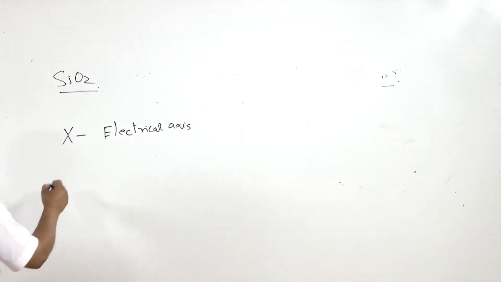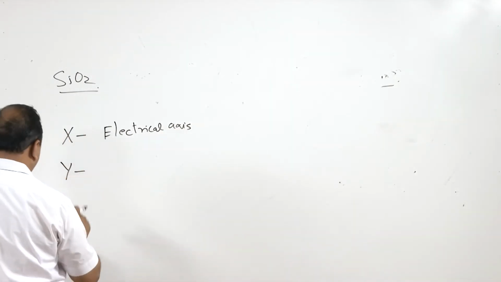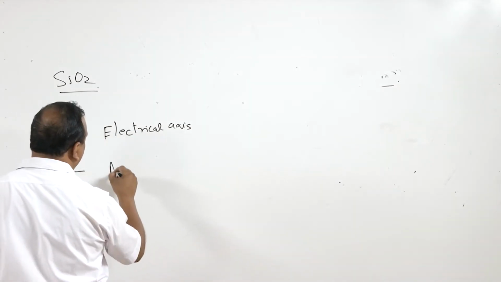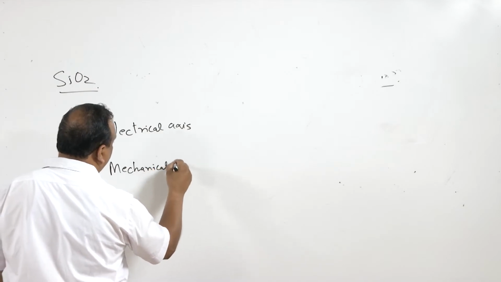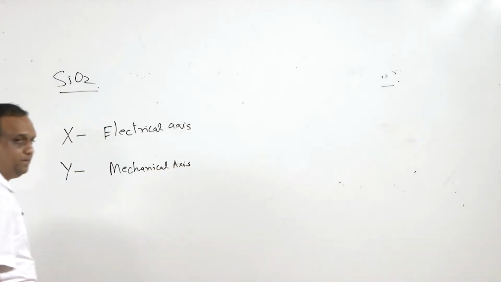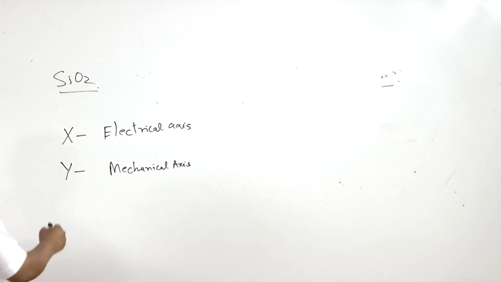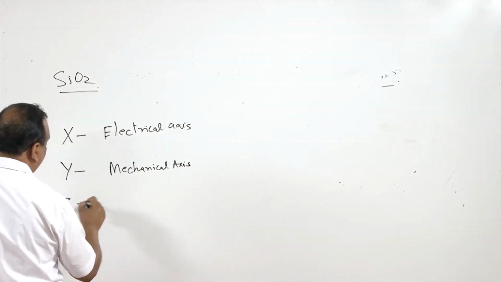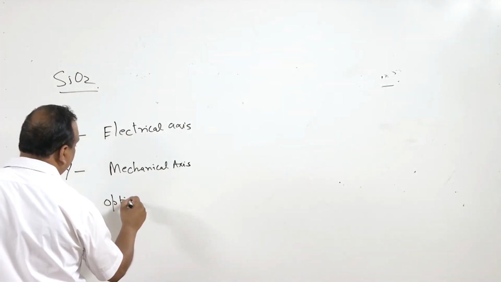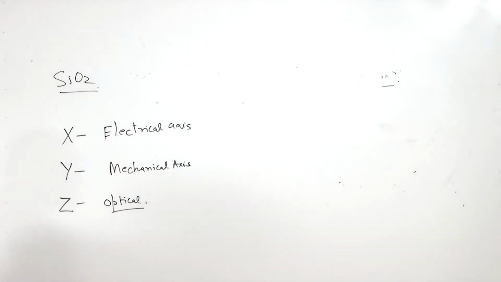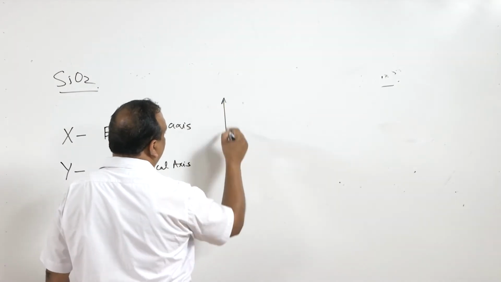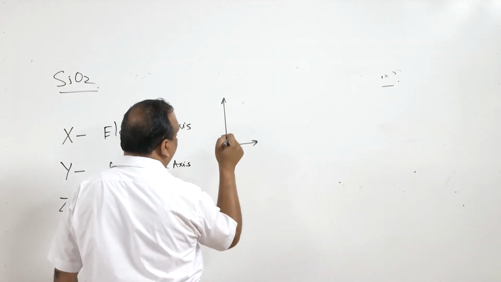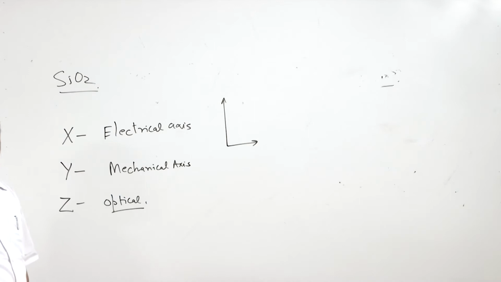Another is y-axis, which is called mechanical axis. And there is a z-axis, which is known as optical axis. So, suppose this is x-axis, this is y-axis, and opposite to the board it is z-axis, right?